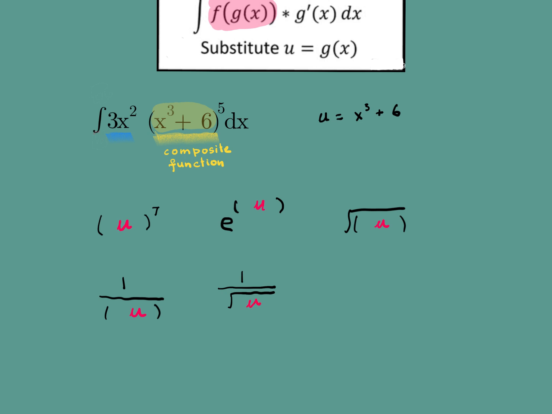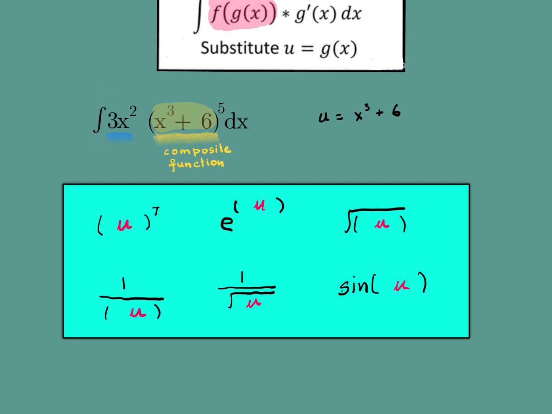And also, U could be found in trigonometric functions, such as, for instance, sine. I have not exhausted all the possibilities, but I'm just here to show you the possibilities.